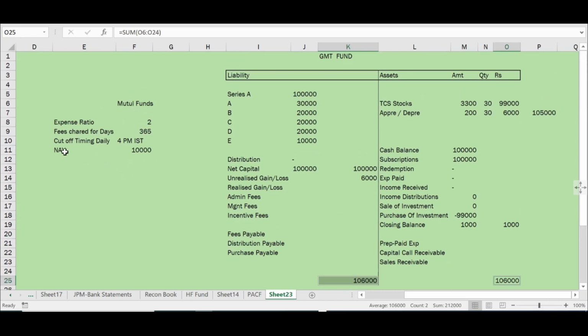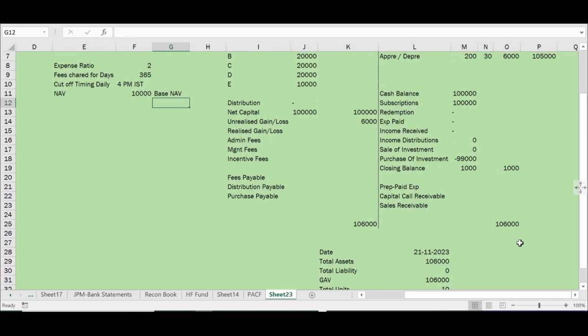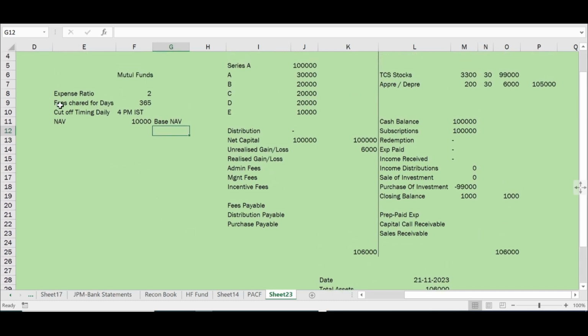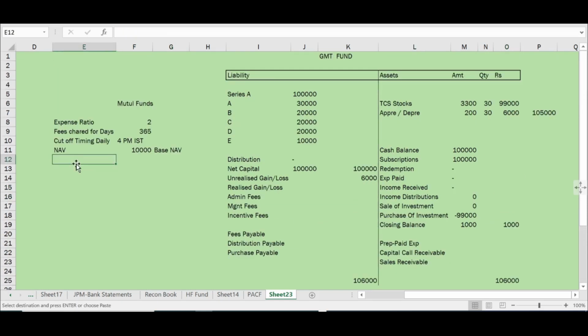This was the base NAV. Now I will have to calculate the fees, the expense ratio, on the end of the day's GAV, gross asset value, which is 1,06,000.